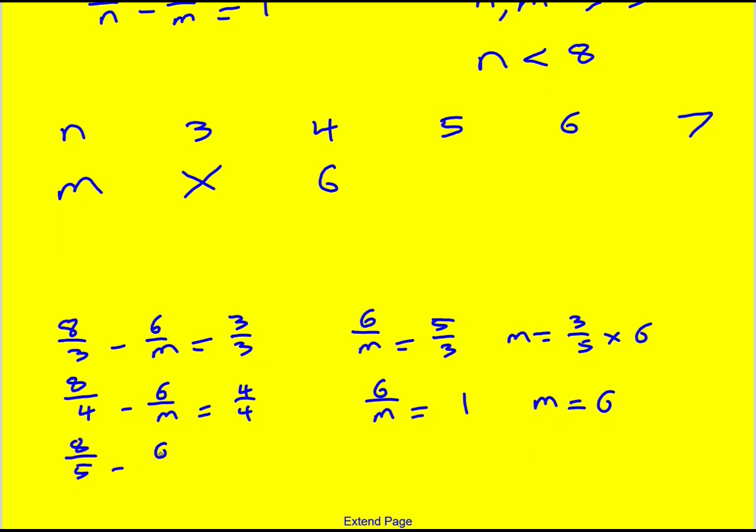I'm going to keep going. 8 over 5 minus 6 over m is going to equal 5 over 5. 6 over m is going to equal 3 over 5. M is 5/3 of 6, which is 10.